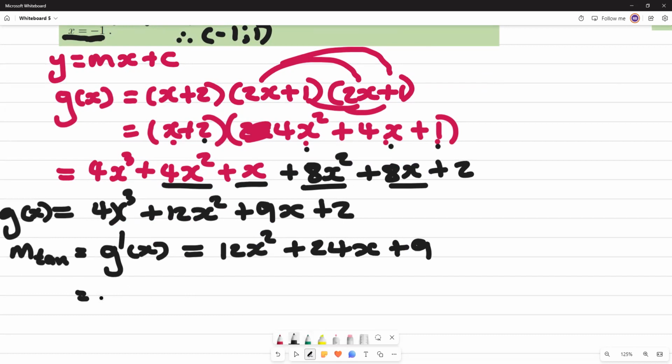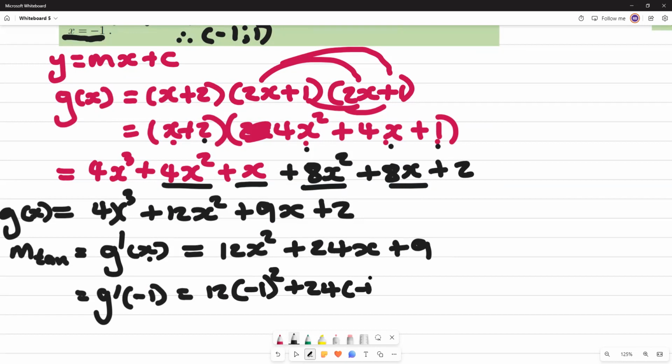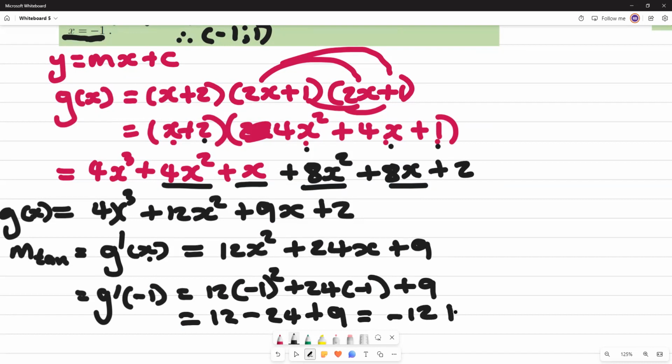We know that we're looking at the gradient when the x value is -1. So I replace this x with -1. I'm going to replace all the x values this side with -1. So this -1 squared, plus 24 times -1, plus 9. This gives us 12 minus 24 plus 9, which gives us -12 plus 9, which gives us -3.